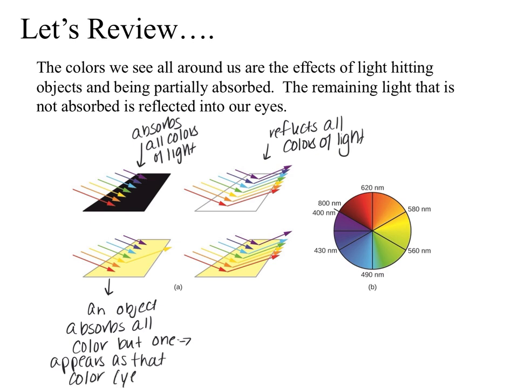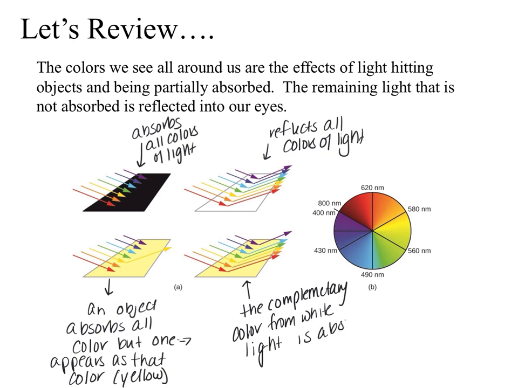Right, and what we're seeing here, of course, is yellow. But the strip can also appear yellow, so notice we're also appearing yellow here because we're absorbing the complementary color from white light. So here, the complementary color from white light is absorbed. So indigo is absorbed. So we see yellow.